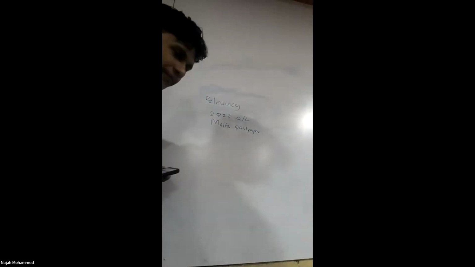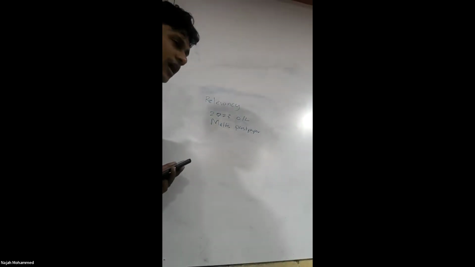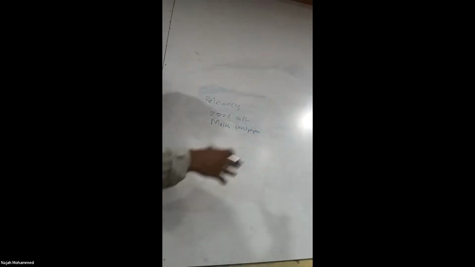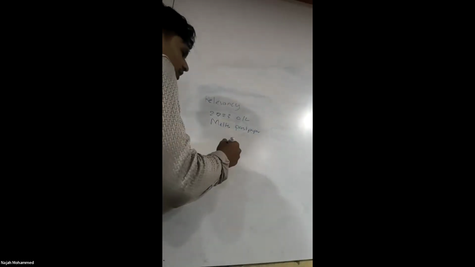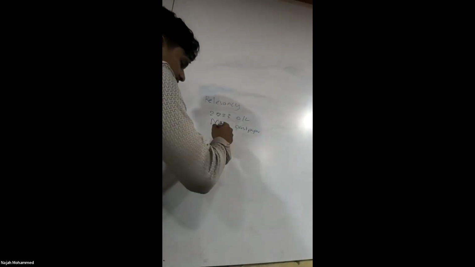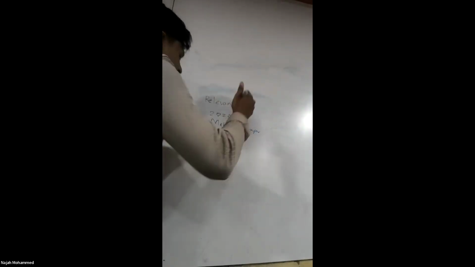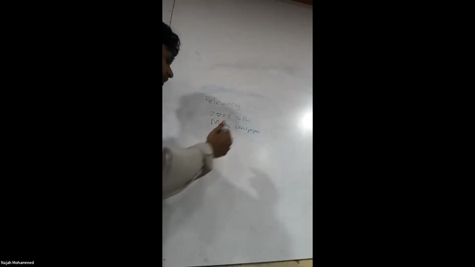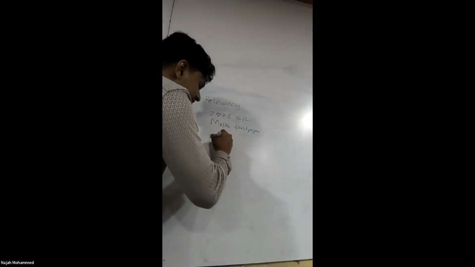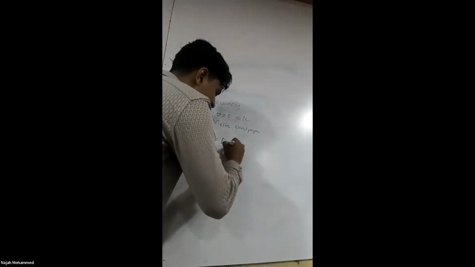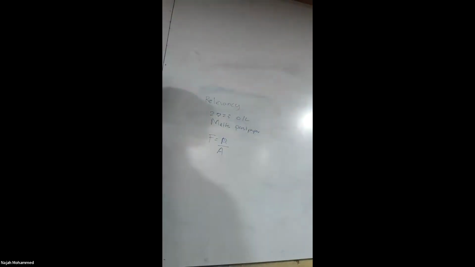And your friend comes and tells you, no, that's not the correct answer, I got the answer for that question using, in physics, force equals pressure over area. He applied this equation to get an answer.